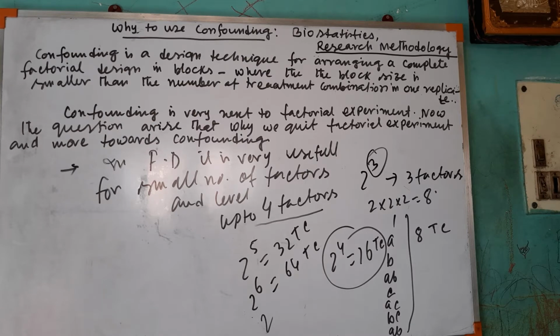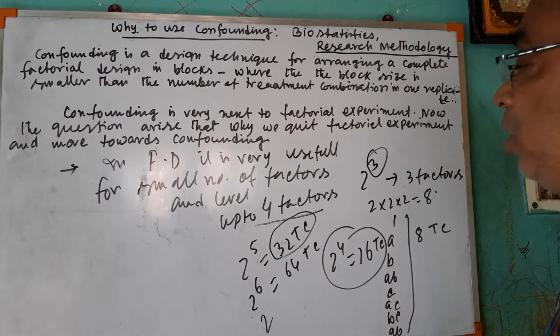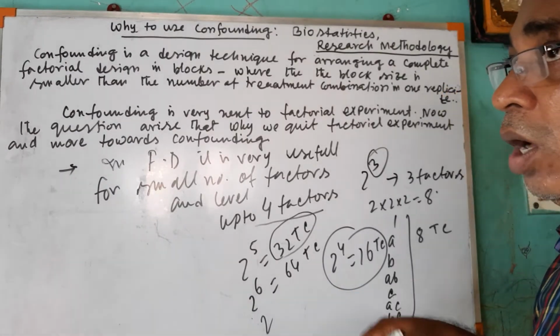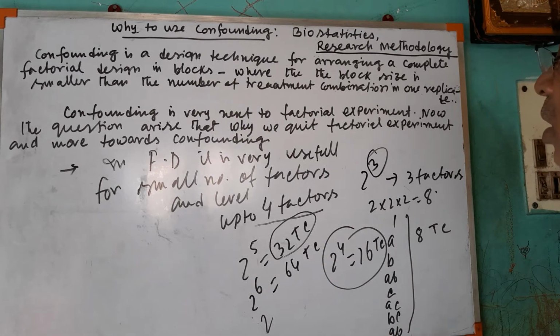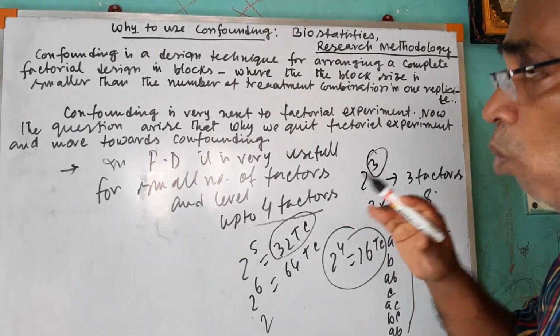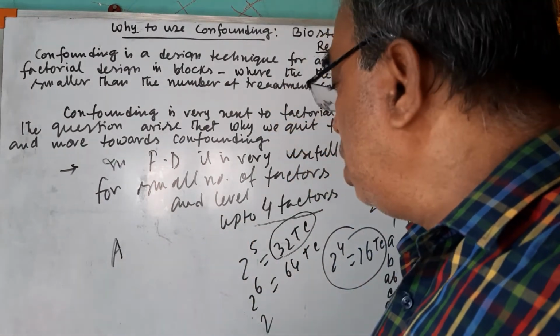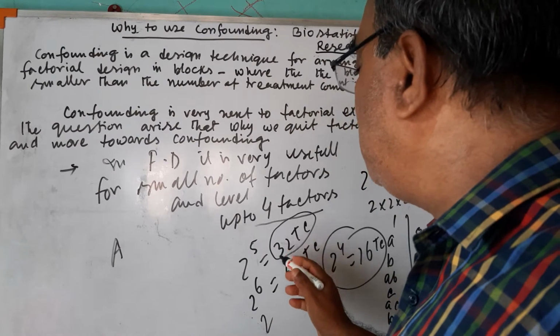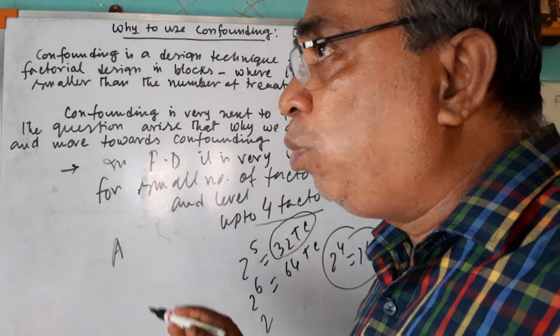The next point for why confounding: suppose the treatment combinations increase, for example 2 to the power 5, that is 32 treatment combinations. Then we go for confounding, because if we confound one factor or one interaction, the treatment combinations become half in each block. Suppose A is confounded; then we can arrange the treatment combinations into 2 blocks.